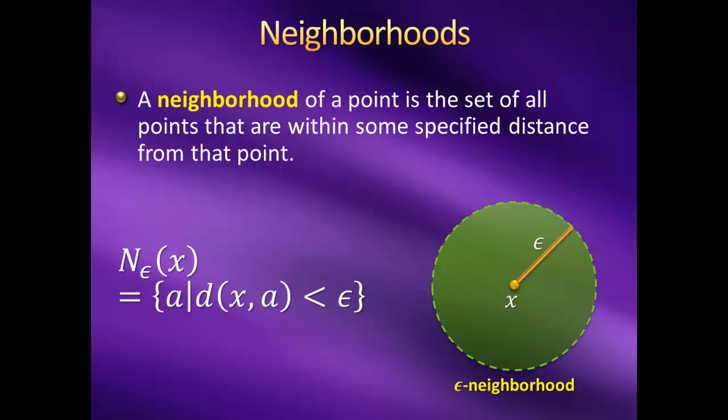That epsilon is generally called the radius of the neighborhood, as you can see why from the diagram. We often are concerned with epsilon neighborhoods in math because we're concerned with what happens when we make very small changes to numbers, especially when we study calculus.